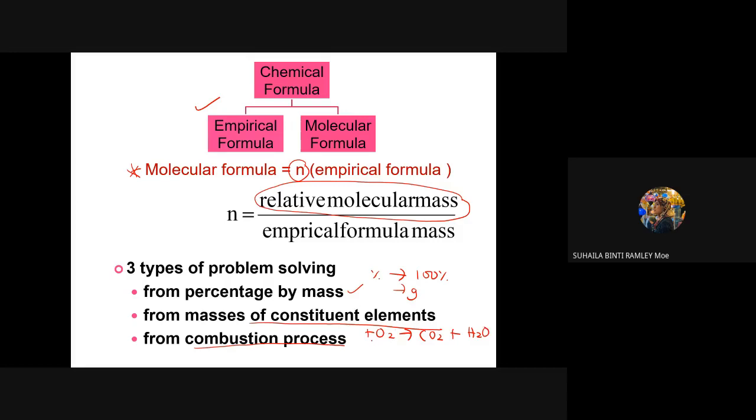If we don't have enough oxygen, or limited oxygen, it will produce carbon monoxide and water. If we have very limited oxygen, only carbon and water. Water here is water vapour, steam.